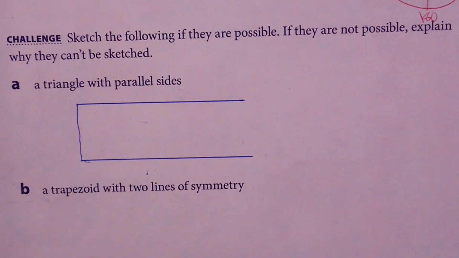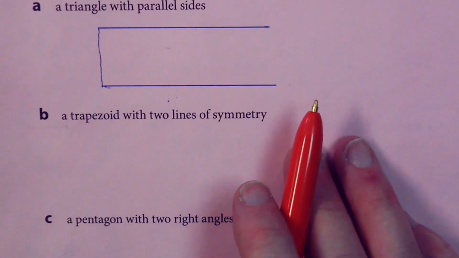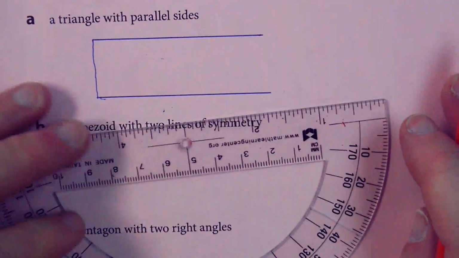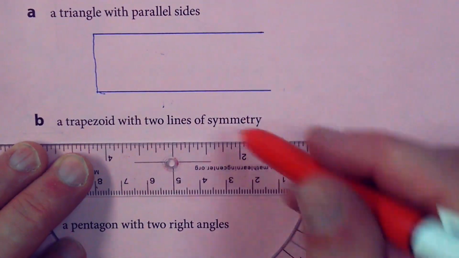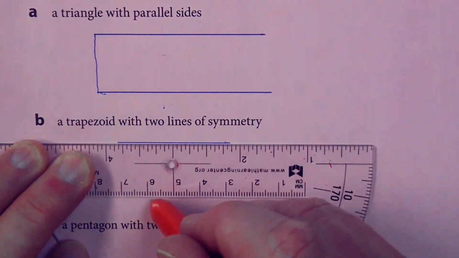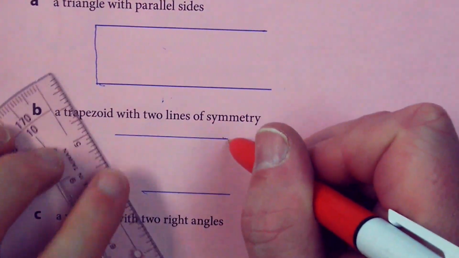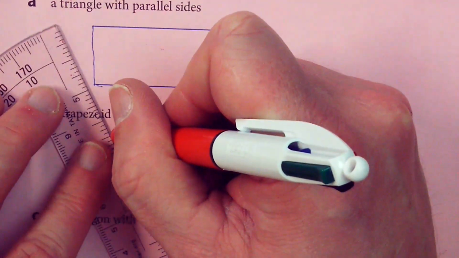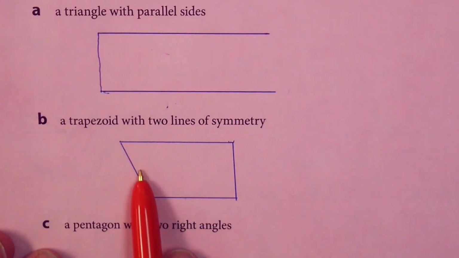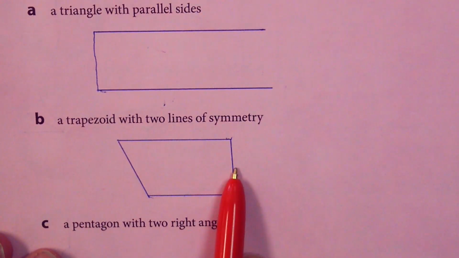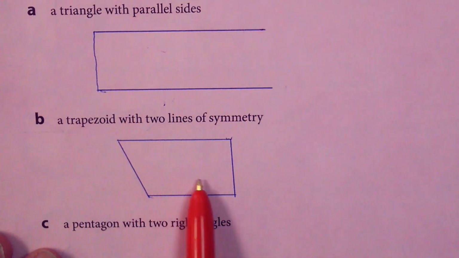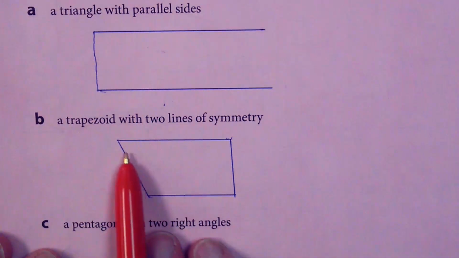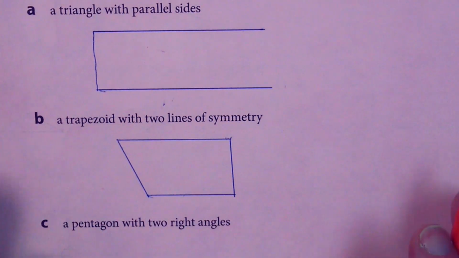A trapezoid with 2 lines of symmetry. Well, a trapezoid has 2 parallel sides, okay, and then 2 sides that are not parallel. So maybe that goes out, but this one goes out a lot more. So we have, clearly, these 2 lines are not parallel. Does it have a line of symmetry? This has no lines of symmetry.